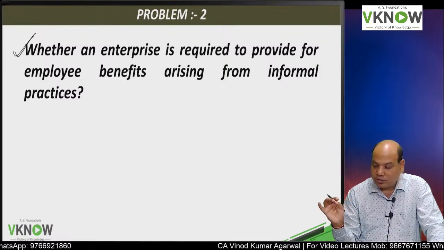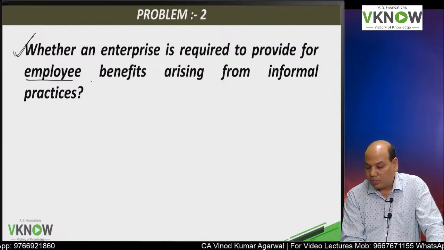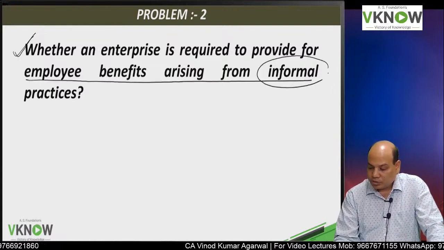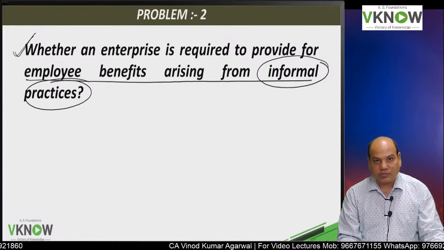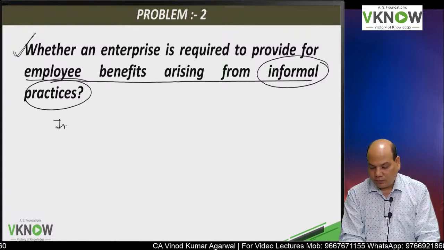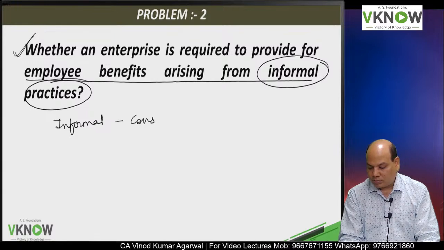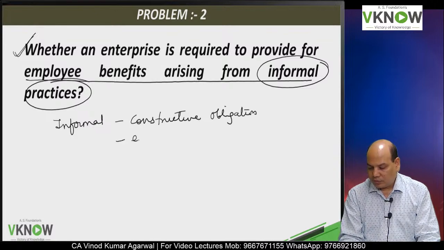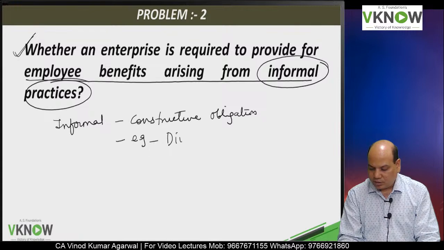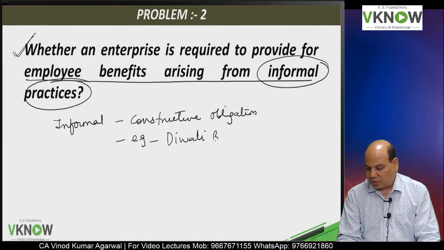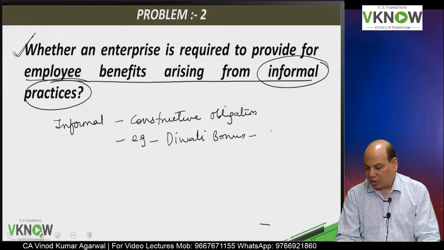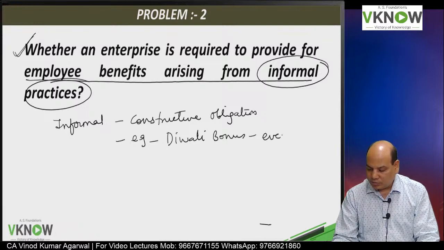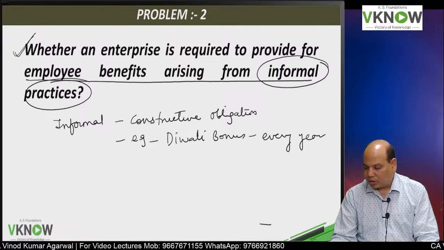Whether an enterprise is required to provide for employee benefits arising from informal practices. Informal practices means constructive obligation. Okay, companies, for example, pay Diwali bonus every year, and it becomes a constructive obligation. It cannot be avoided.